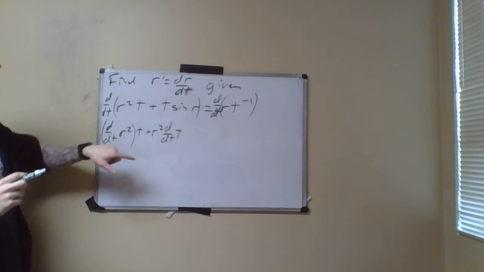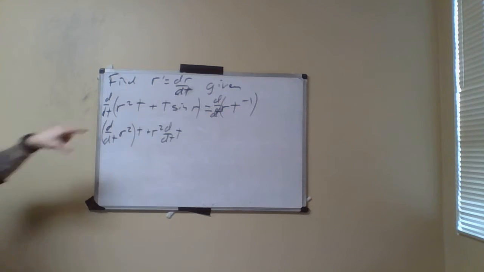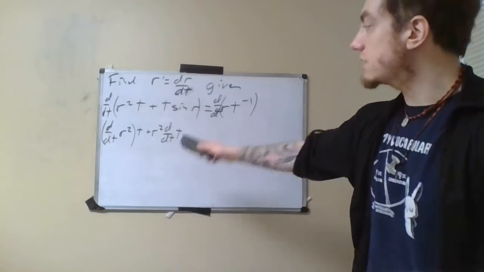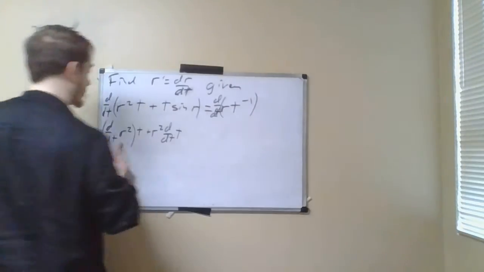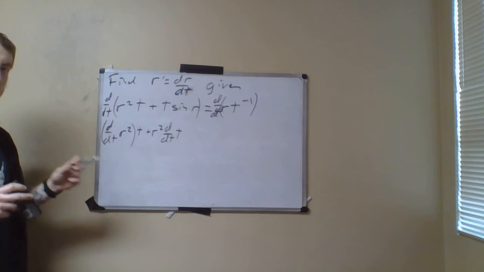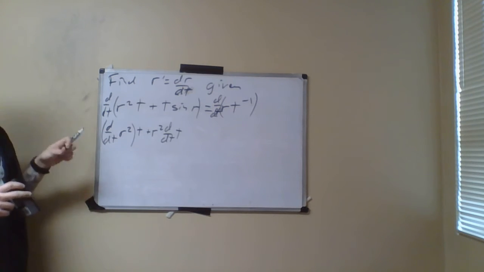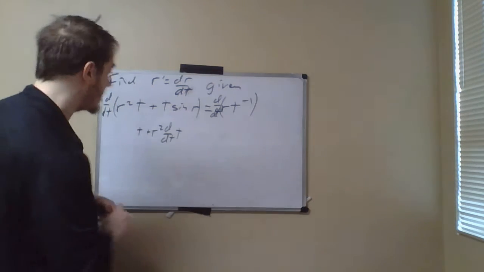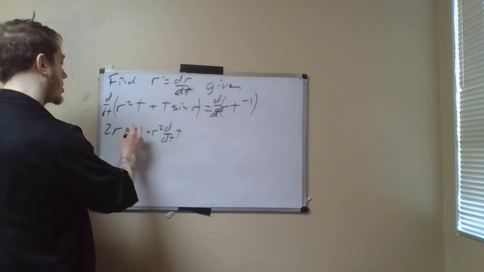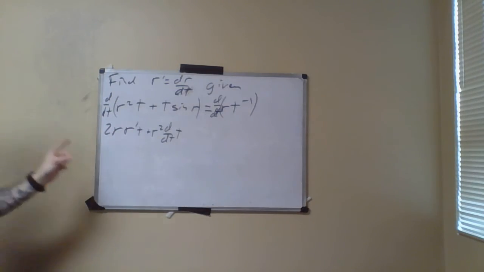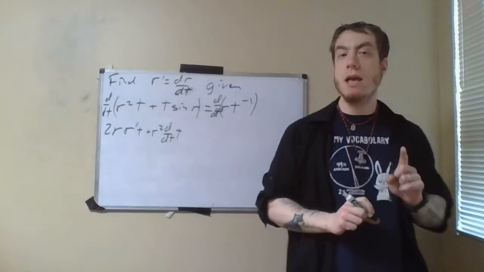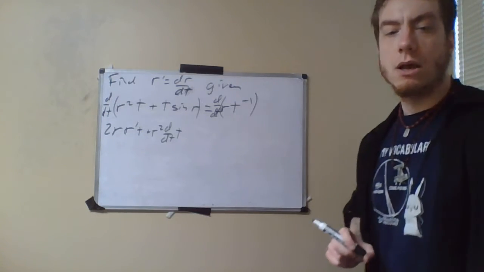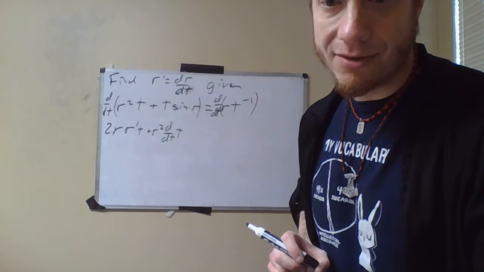I don't want to write this whole thing out because it will be very long and messy, but what I want to emphasize is what happens when I take the derivative of r squared: it's not the derivative with respect to r, it is the derivative with respect to t. So the derivative of r squared is actually going to be 2r r prime. That r prime is really important, and it comes in because this is the dependent variable, not the independent variable. That is really, really crucial.